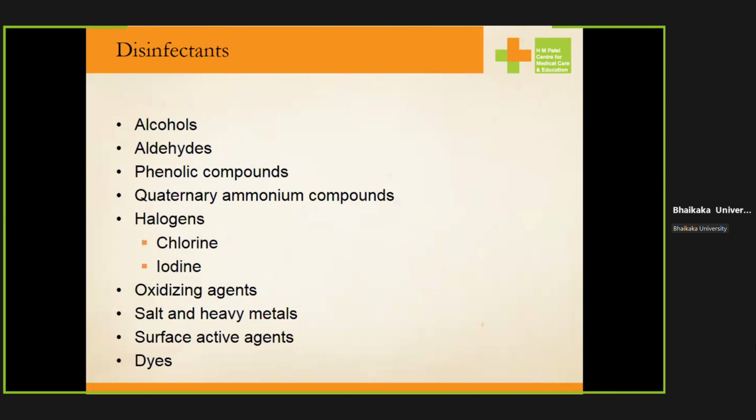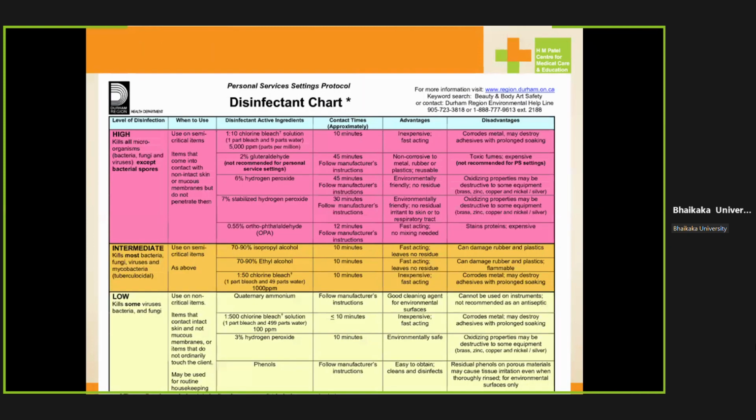Again, if you see in this chart, which I have just taken from the net, you can see there are three categories of disinfectants: high level, intermediate, and low level. The next column is what they are actually used for.